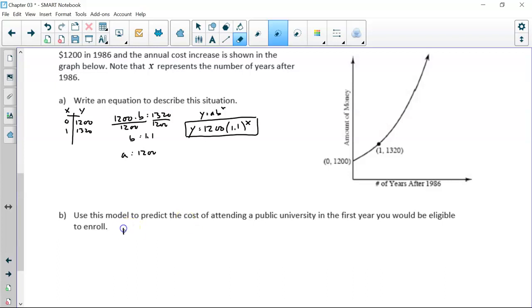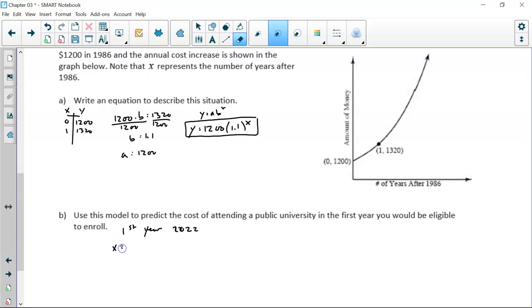So for example, the first year, since many of you will be graduating next year in 2021, the first year would be 2022. Sorry, I think you're the class of 2022. So the first year would be 2022.